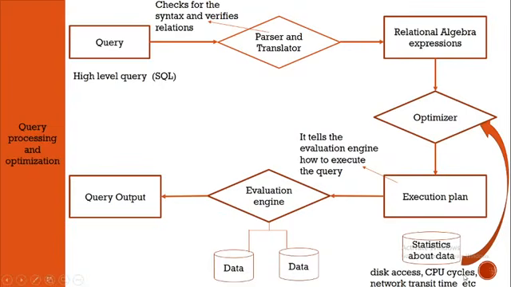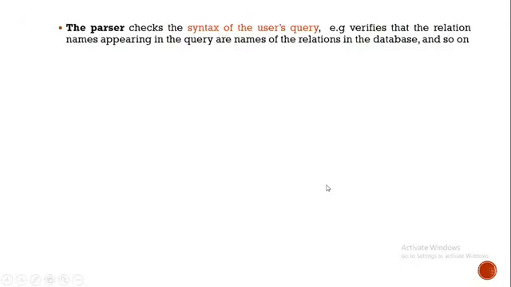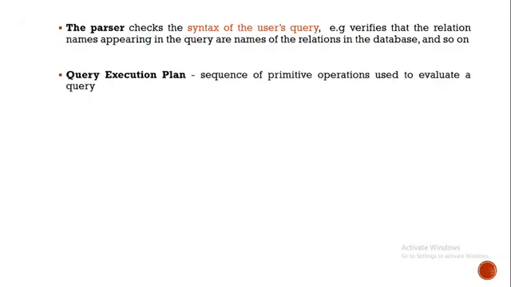Now in the next slide we will understand why the optimizer takes the statistical information, what is the need of this, and what is the main role of the optimizer, the execution plan and the evaluation engine. As I have already told you, the parser checks for syntax errors and verifies the relation. Now the query evaluation plan is nothing but the sequence of primitive operations used to evaluate a query.